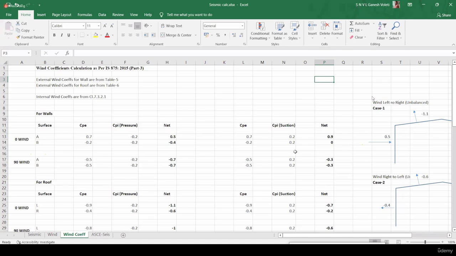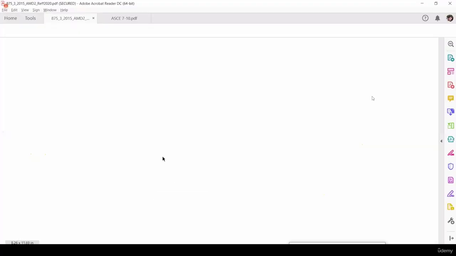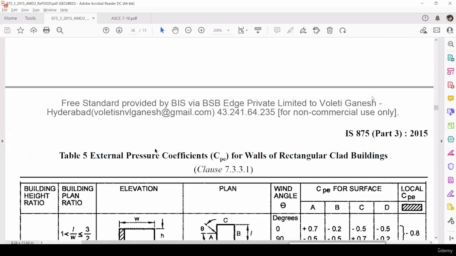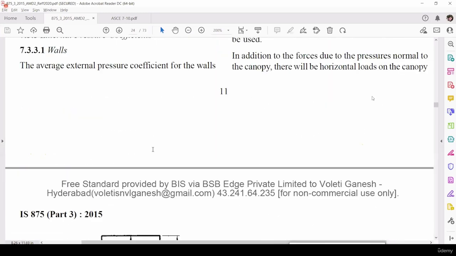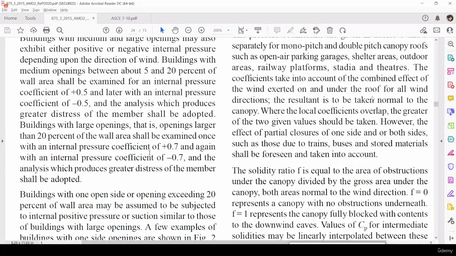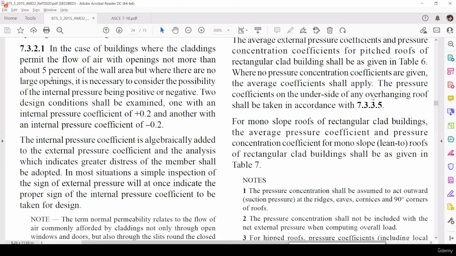We are taking one example only here, that's why I have taken this one for the time being. If you observe clause 7.3.2.1 or something here, generally these are cases with less than 5% openings of wall area. We have to use this condition only.